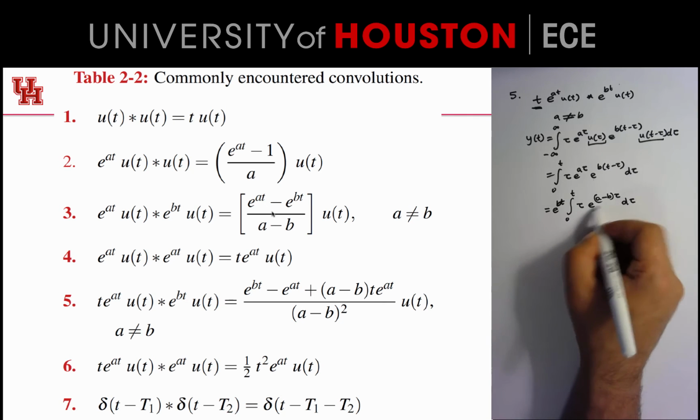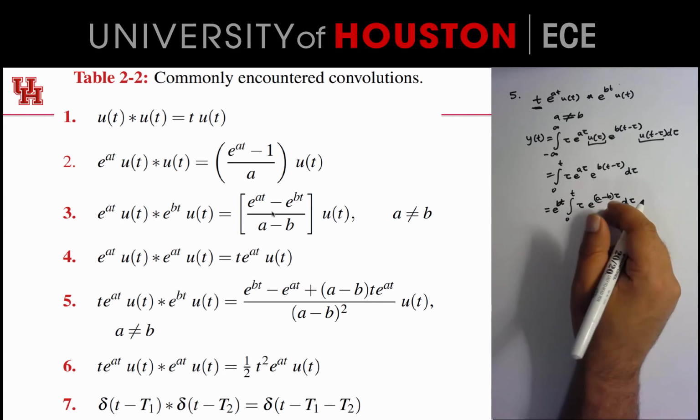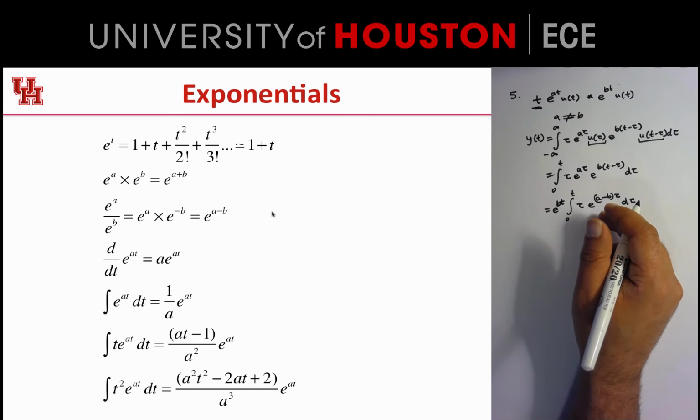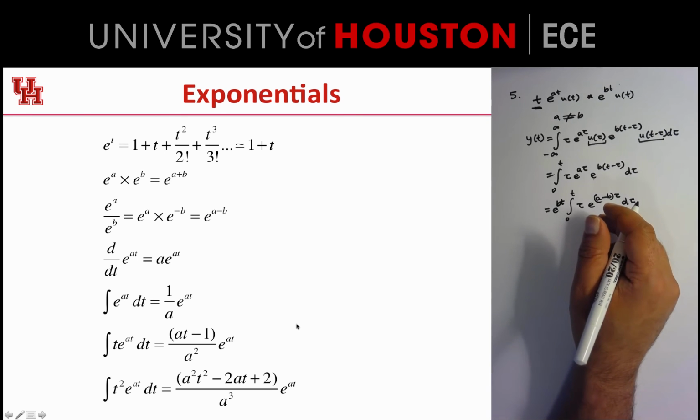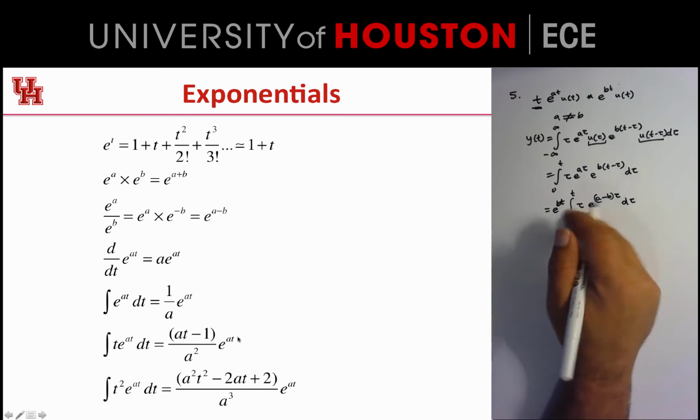Now we need to work on this integral. One way is to do integration by parts. Another way is to look at the table of integrals. If you look on your left, the next to last entry at the bottom represents this.